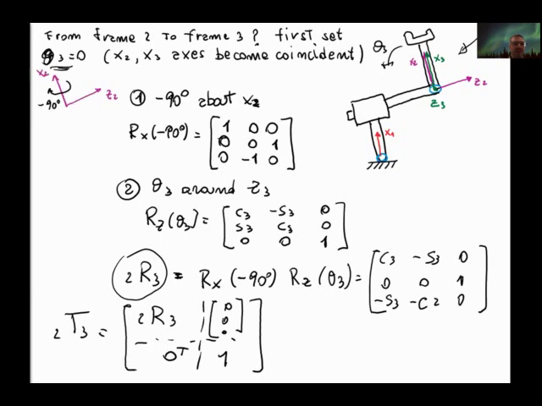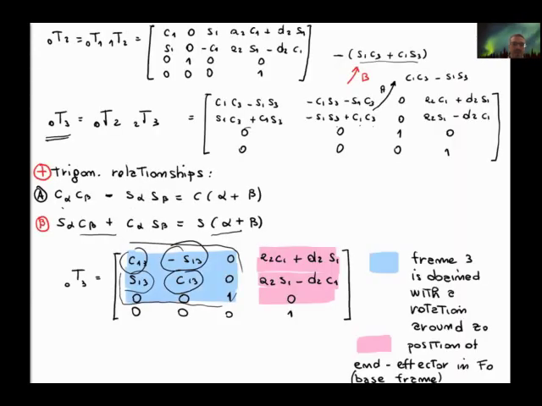While for the translational part, this vector is just the position of the frame 3 origin in frame 0, in the base frame, because you can work out the x and y coordinates and you will see that they look like this. So whatever we computed makes sense also in terms of intuition.